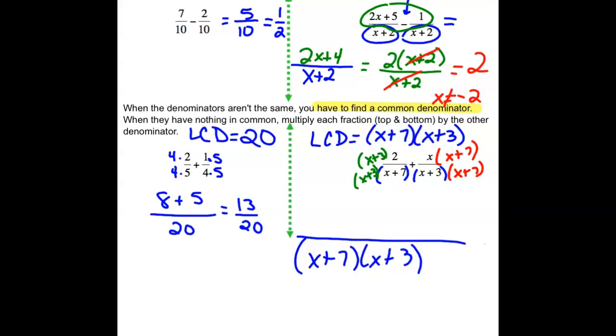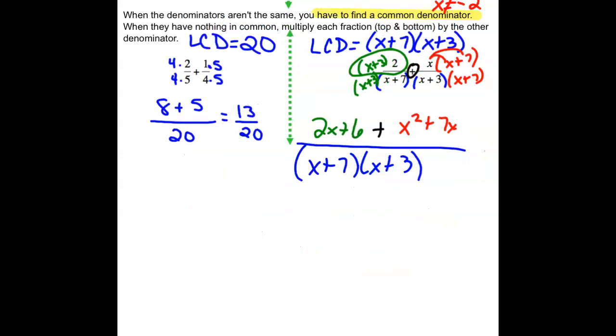All right, so for this first piece, we have a 2, it's being multiplied to x plus 3. That simplifies to be 2x plus 6. Then we are adding our second piece. In the second part, we distribute our x, we get x squared plus 7x. And then we simply combine like terms.